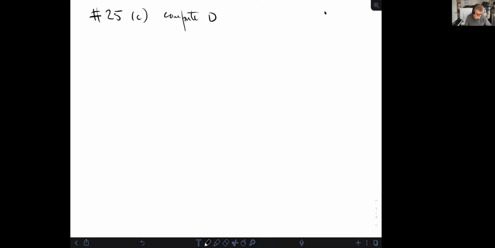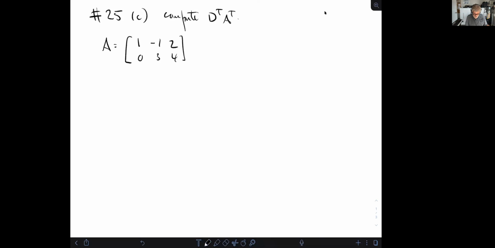D transpose A transpose. Okay, so there's a few things going on here. I'm going to look up what the matrices are. The matrix A is 1 minus 1 2 0 3 4. Curved brackets, square brackets, same thing.